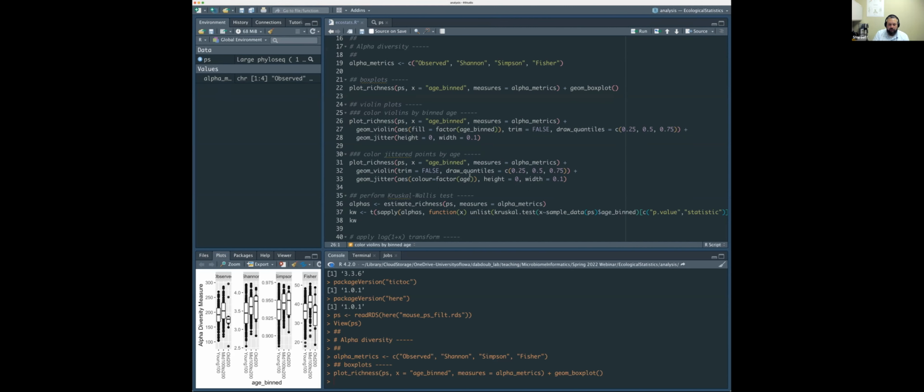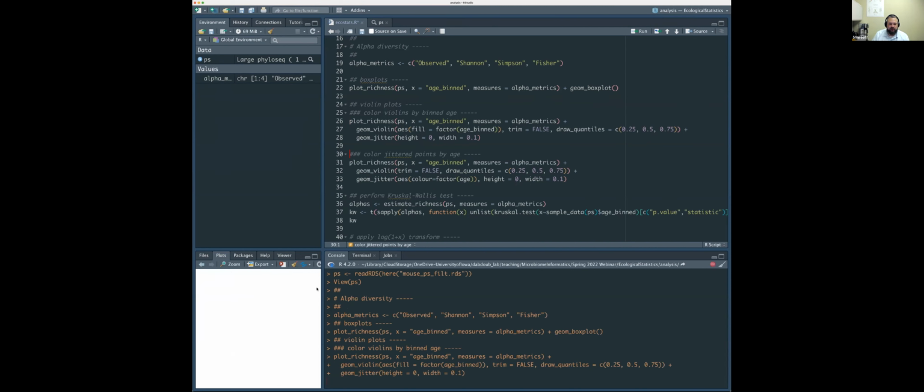This is going to create a violin plot, which is similar to a box plot, but whereas a box plot just shows you the ranges, the violin plot is essentially a histogram. It's a mirrored histogram. So we've replaced the boxes with mirrored histograms.